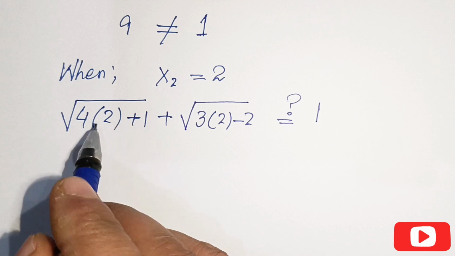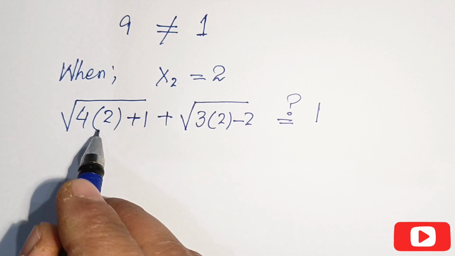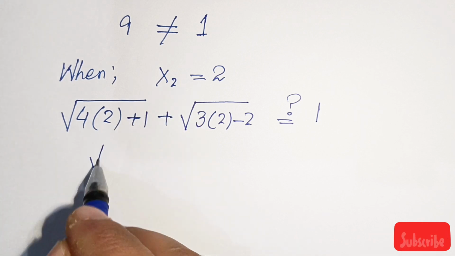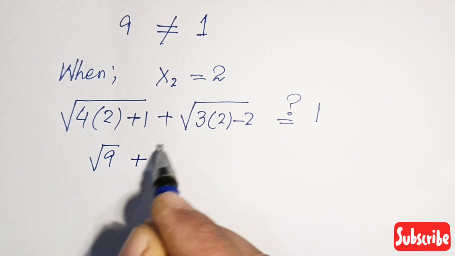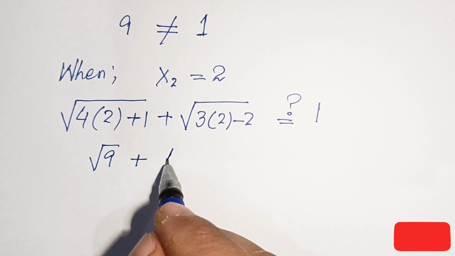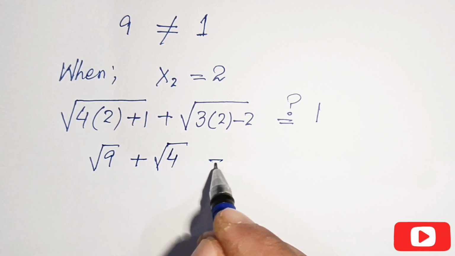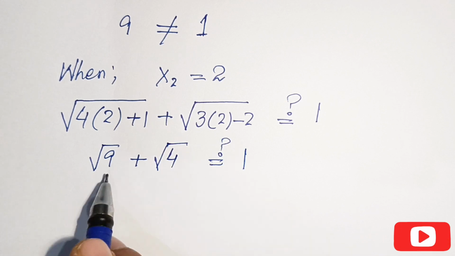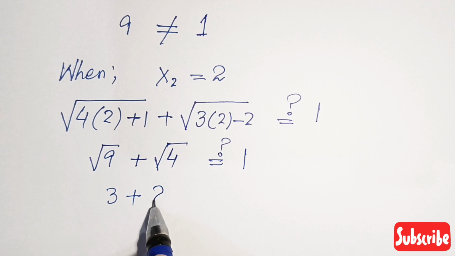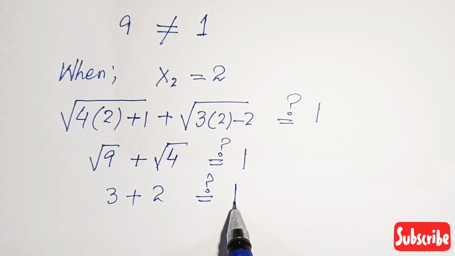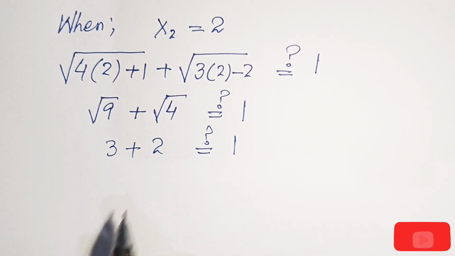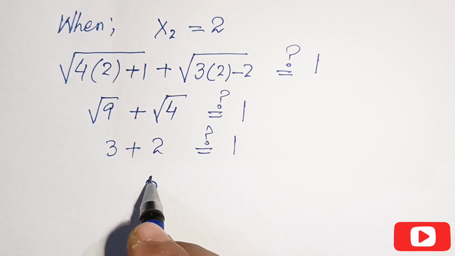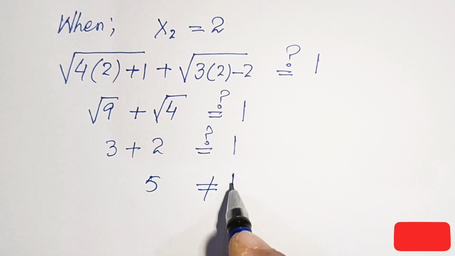Now the value of x2 is 2, so 4 times 2 is 8 plus 1 is square root of 9, plus 3 times 2 is 6 minus 2 is square root of 4. Is it equal to 1? So here we get 3 and it is 2. Is it equal to 1? No, it is not equal to 1 because 3 plus 2 is 5. So 5 is not equal to 1.